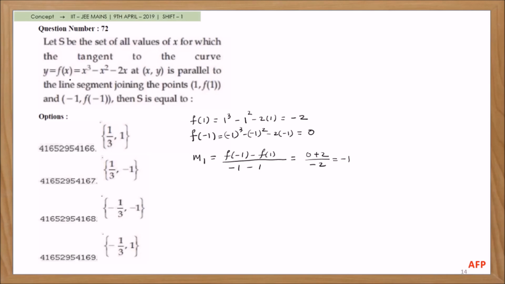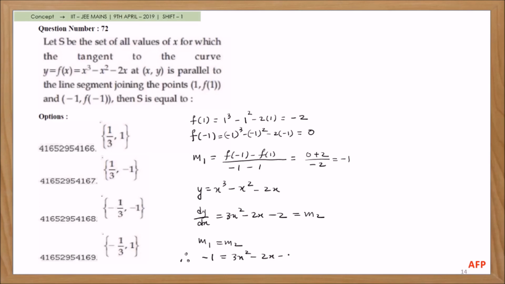Next, the slope of this curve we will find: differentiating y with respect to x, 3x square minus 2x minus 2. So this is m2. Since they are parallel, m1 must be equal to m2. Therefore minus 1 is equals to 3x square minus 2x minus 2.